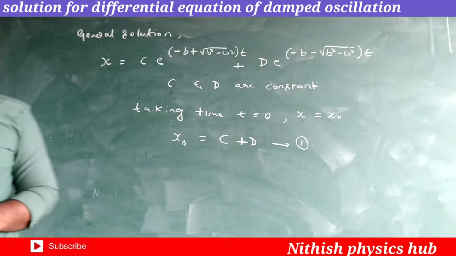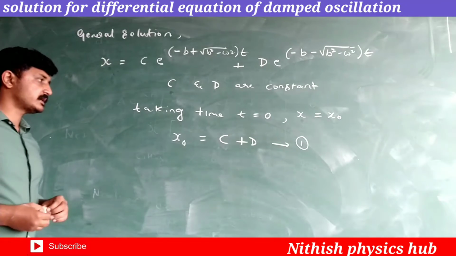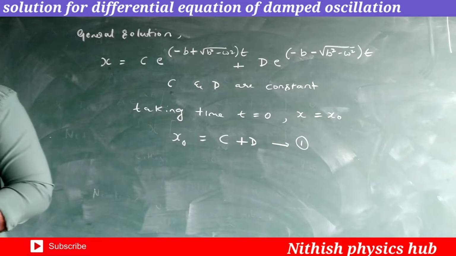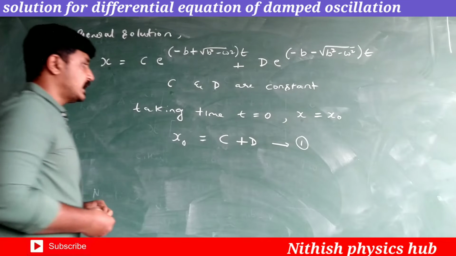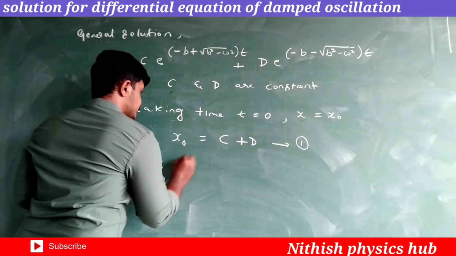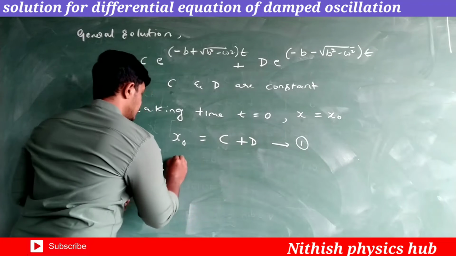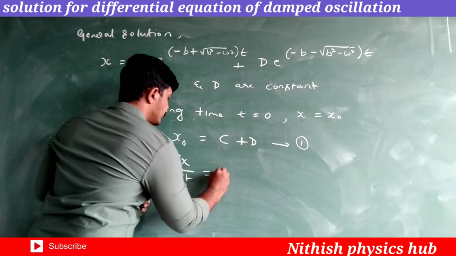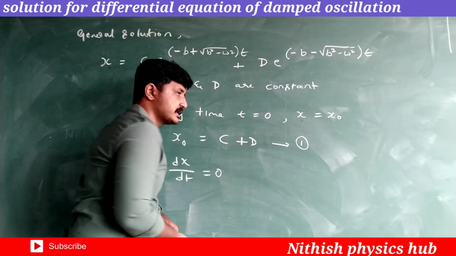Now I need to solve this equation by applying some conditions. Where we start initially, the velocity dx by dt will be equal to 0.